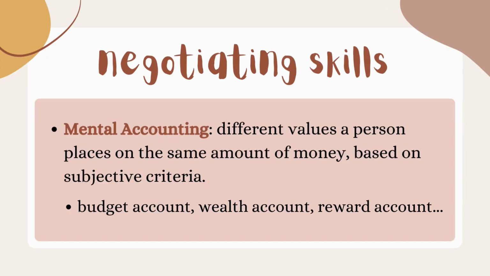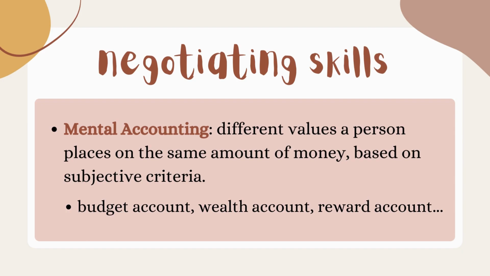Now, let's talk about the negotiating skills. First, I want to introduce a concept called mental accounting. This concept was proposed by an economist in 1980, and the economist believes that people tend to manage their money through the influence of mental accounting. Mental accounting has different categories and different values.